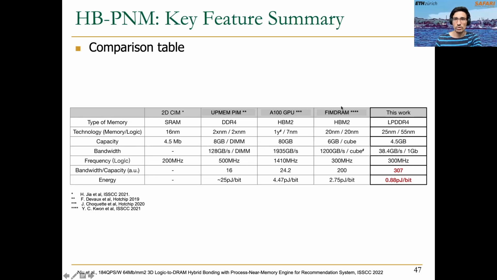It essentially performs multiplications and additions, while in this work, they are focusing on recommendation systems. I think it's very good and interesting to have all these numbers here, to check them, compare them, and so on, but I don't think that it makes sense to have a direct comparison of, for example, this work, this HB-PNM architecture to FIMDRAM or HB-PNM, because they are targeted at different purposes.